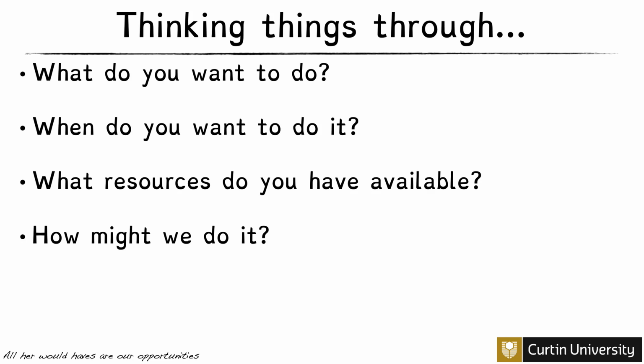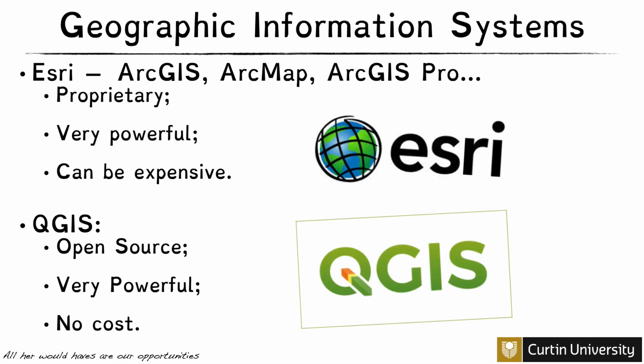What resources do you have available? What's the size of our devices? What's the capacity? And then we're thinking through, how are we going to do it? Are we going to do it on device? Are we going to process the data elsewhere and generate visualizations on the web? These are the kinds of things we need to think through.